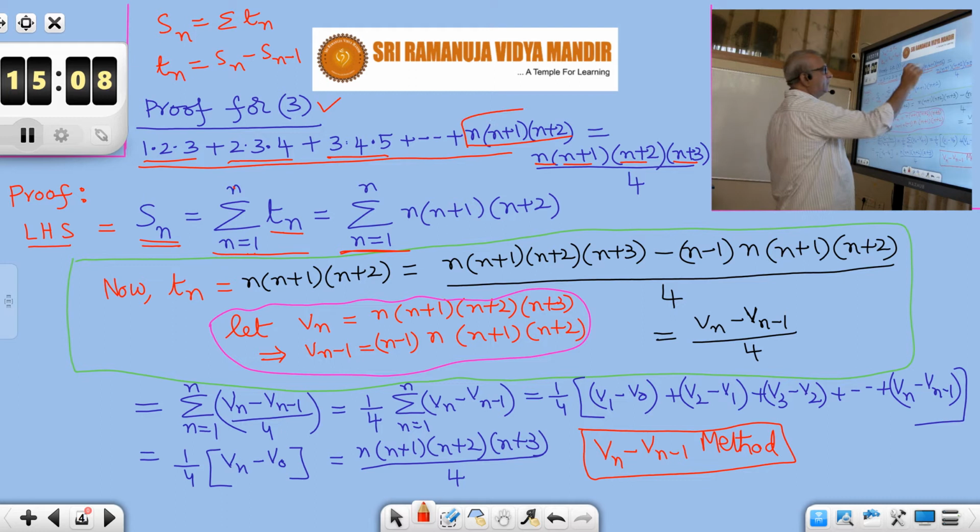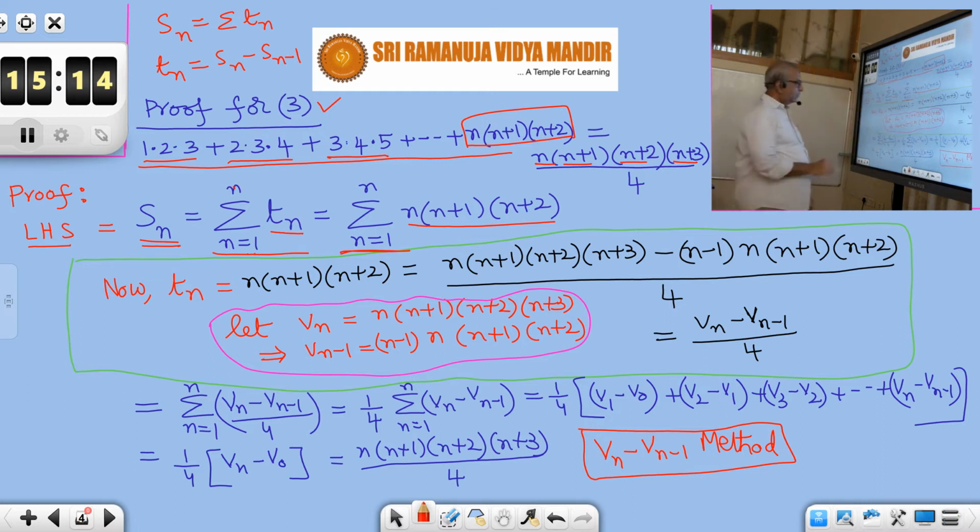Tn is nothing but this one only. Nth term is what? N into n plus 1 into n plus 2. So leave it there. Now let us consider only Tn. What is Tn? Here n into n plus 1 into n plus 2. So here I am using one step forward, one step backward method.